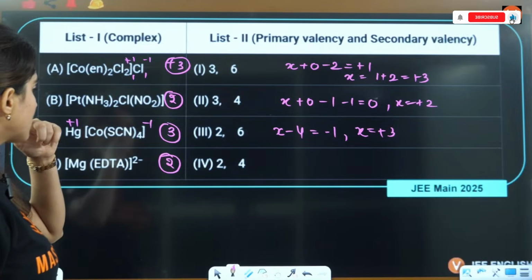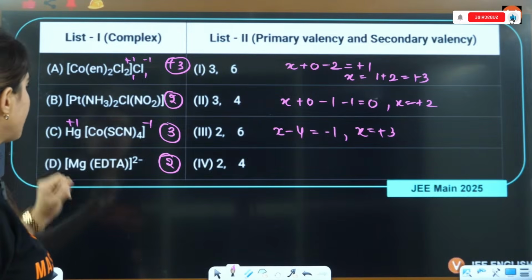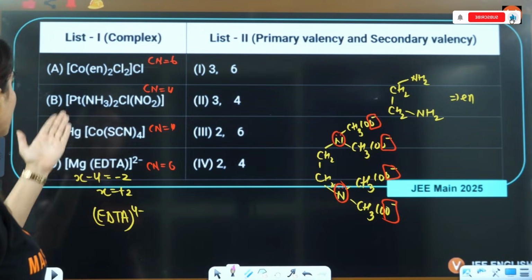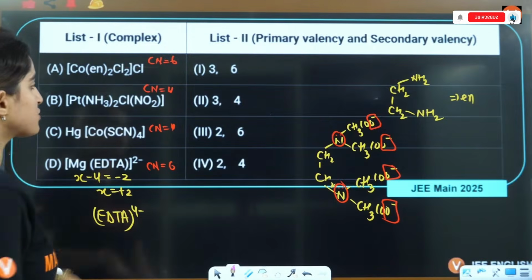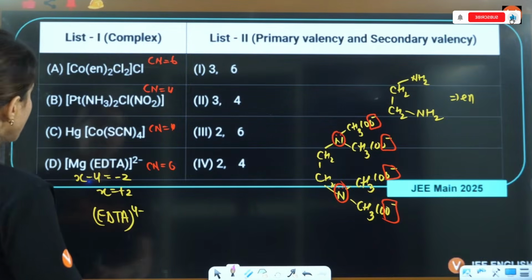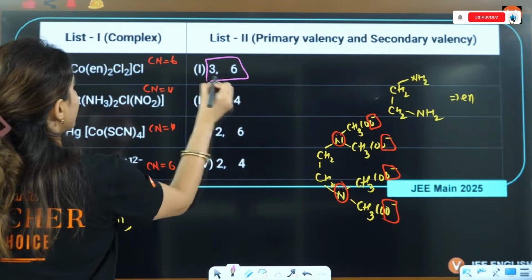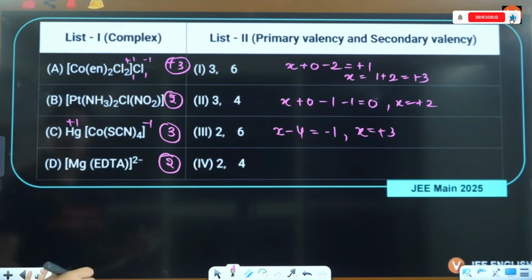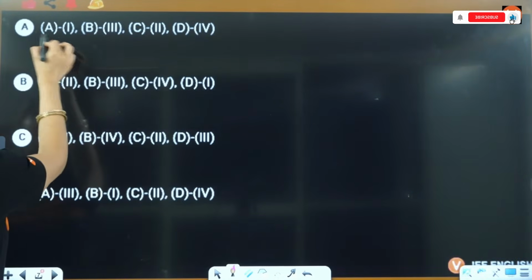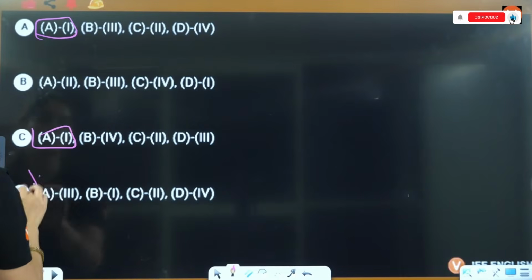So the answer will be, wait a minute, for this coordination number has to be 6 and oxidation state is 3. Oxidation state 3, coordination number 6, that means A is 1, A is 1 here and A is 1 here. These two are eliminated.